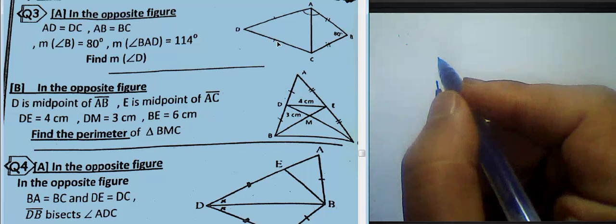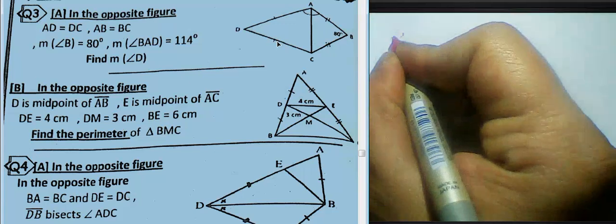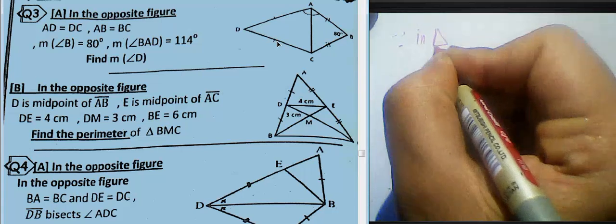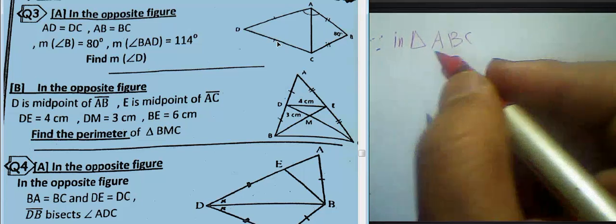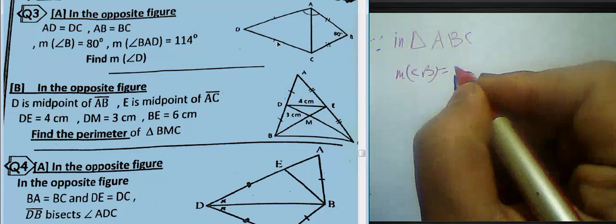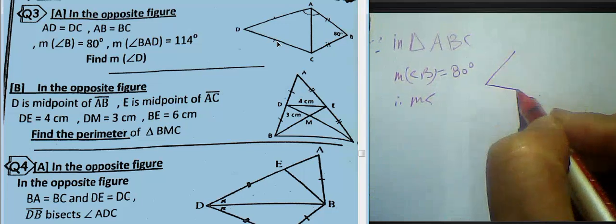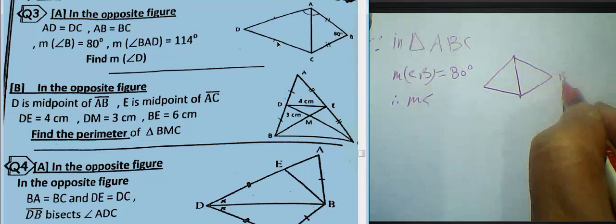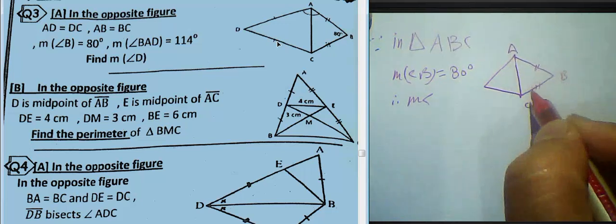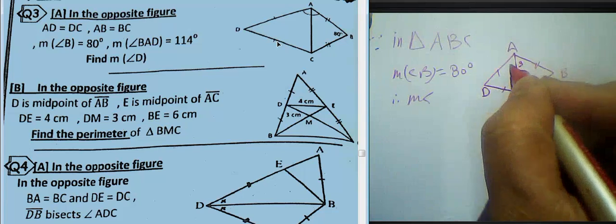First step, write with me: in triangle ABC, the measure of angle B equals 80 degrees. Then I will draw the measure of angle BAC and here D. I will call them 1, 2, 3 and 4.